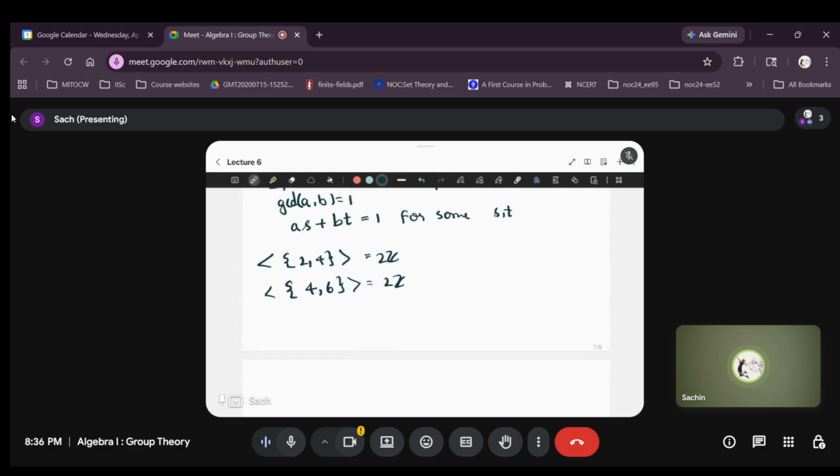Similarly, if you take more than two numbers also, then again you have a notion of GCD.